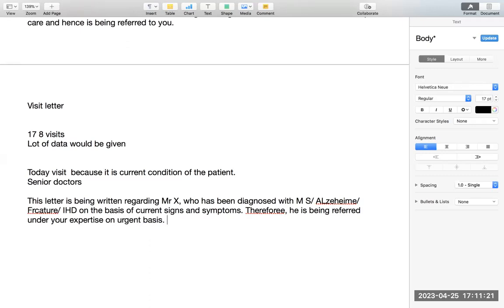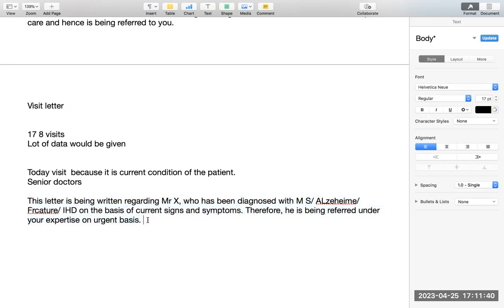That's it. You can say urgent basis. That's enough. So this letter is even simpler, but a lot of data will be given that will confuse you. But if you stick to the basics, you will not have any problem.